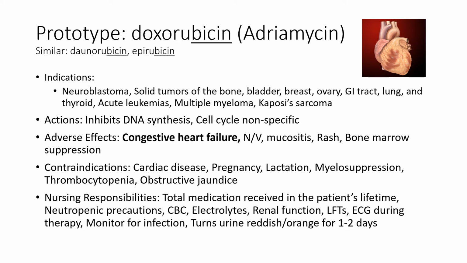The gastrointestinal tract is hit hard with these drugs, so they often have to be given antiemetics like ondansetron to control the nausea. Sometimes we'll give corticosteroids like dexamethasone, which are powerful anti-inflammatories, so they can also help appetite and control nausea.